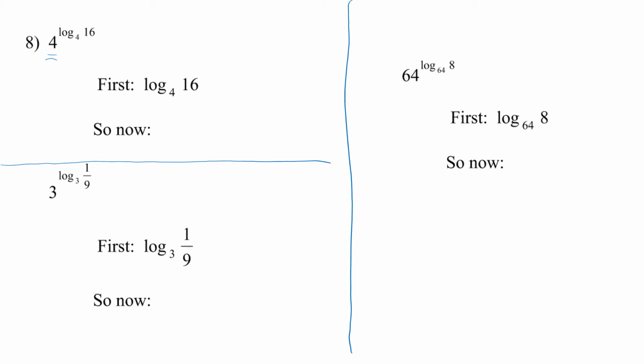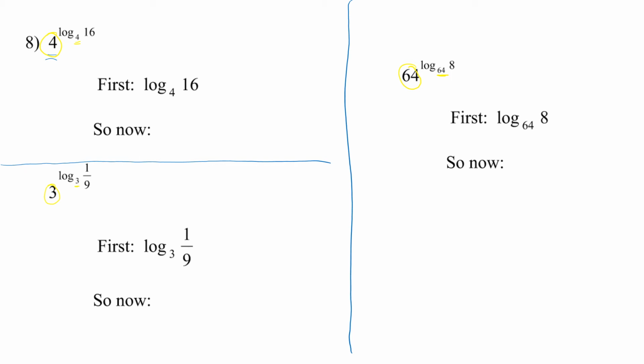And notice that the number here is the same as the base. 64 is my number and 64 is the base of the log. 4 is my number here and 4 is the base of the log. So the question is, what happens when you raise a number to a log with the same base?